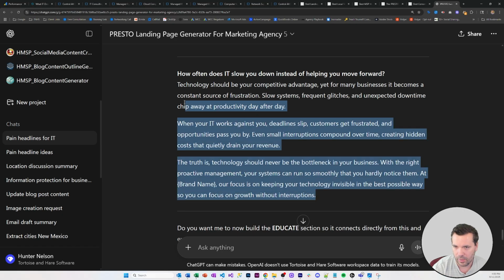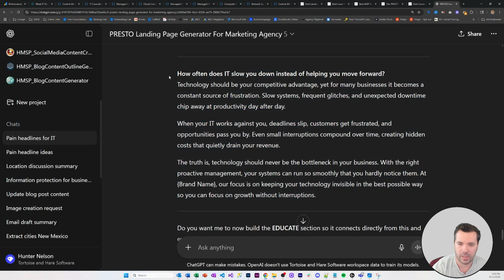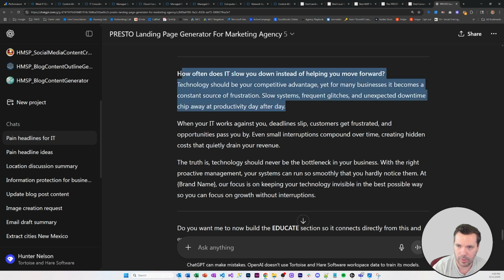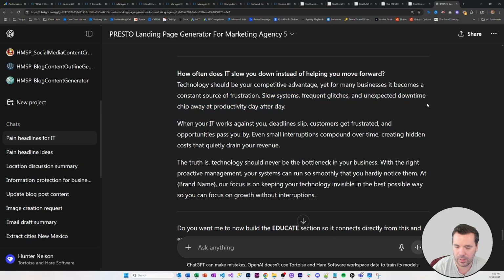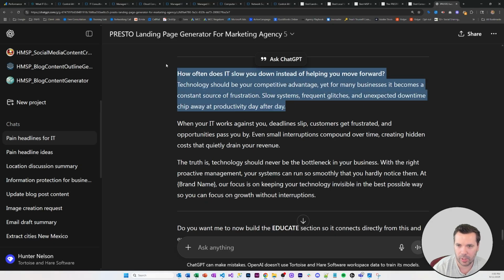Okay, so this is not too bad. I mean, like I said, we could refine this further and make something a little bit better than this, but it fits with our narrative of going with a more proactive IT approach. It has a little bit of an incisive question, builds a little bit of rapport, demonstrates understanding of problems with slow systems, frequent glitches, unexpected downtime, chipping away at productivity.